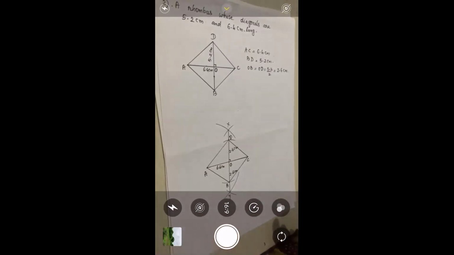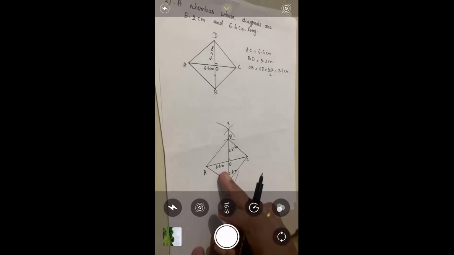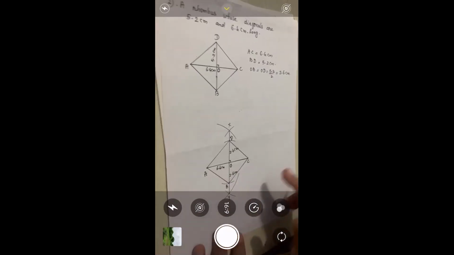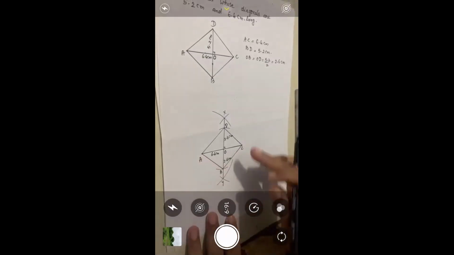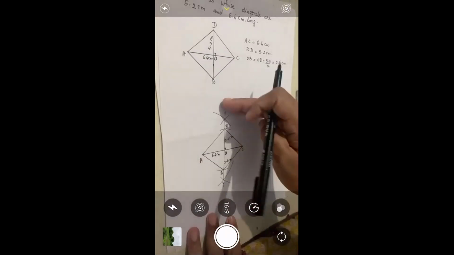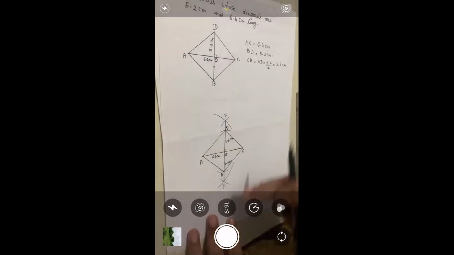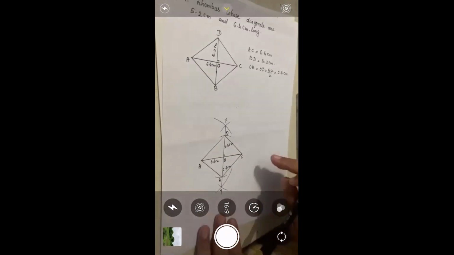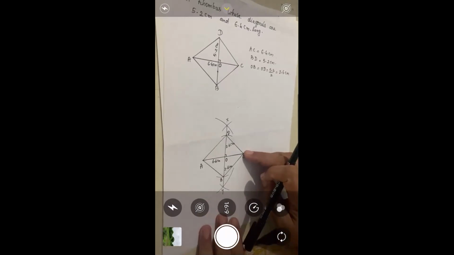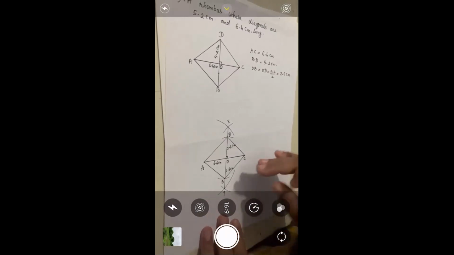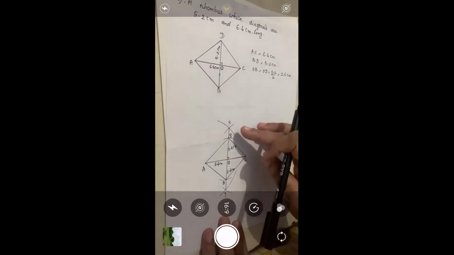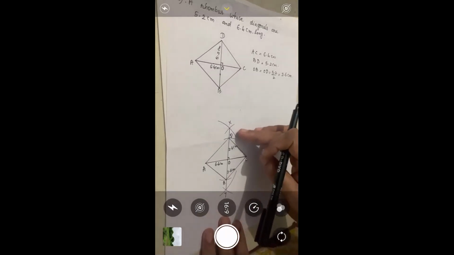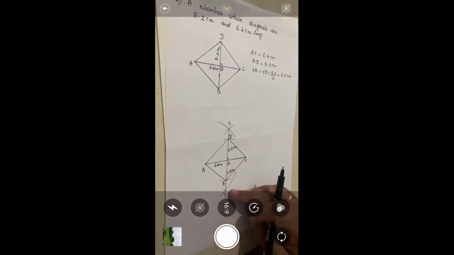Now the steps I am saying. First draw line segment AC of length 6.4 centimeter. Then with A as center, radius more than half of AC, draw arc in the upper region, lower region, that is on both the sides of line segment AC. Similarly, with C as center and keeping the same radius, draw arc on both the sides of line segment AC. Draw a line segment joining the point of intersection of arcs.